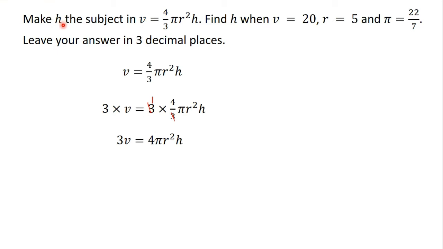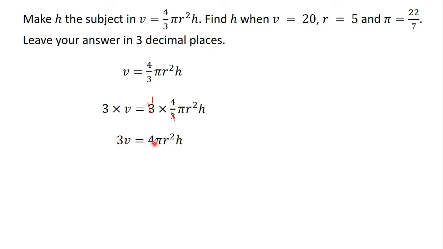Don't forget that we want to make h the subject. So you make sure that the term that contains h is on one side. Here, the term containing h is already on one side for us. This is the only term containing h. So if you want to make h the subject, we will have to divide through by the other terms that are attached to h.